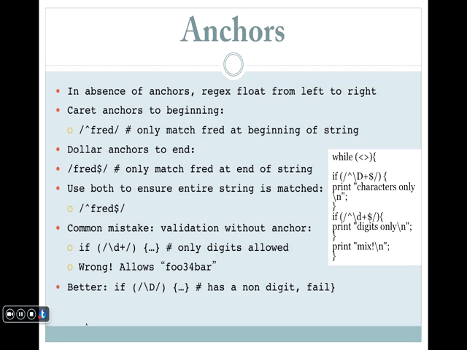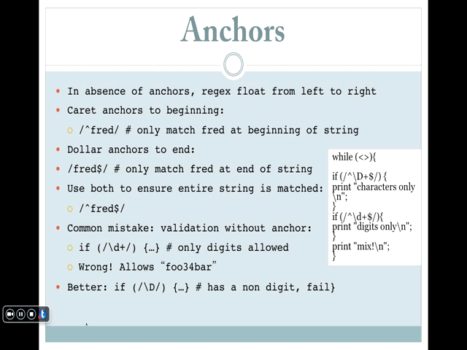Technically, if you want to control where Perl should look for the regular expression, you can do this with the caret anchor, which is the up arrow. If in front of the word that you would like to match you put the up arrow, that means I want to match Fred at the beginning of the string, only at the beginning.